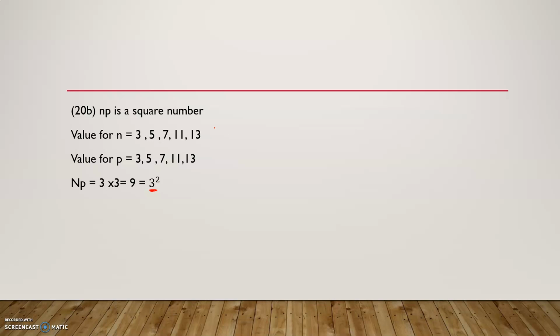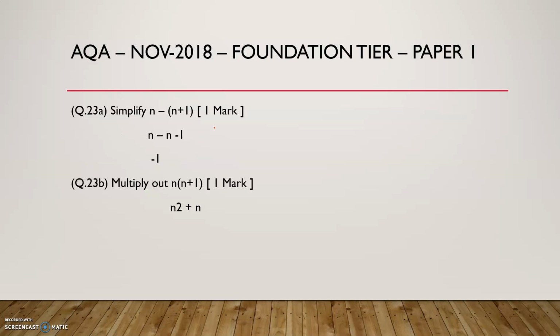Okay, let's move to the next question, which is from AQA November 2018, Foundation Tier Paper 1. It says, question number 23A, simplify n minus (n plus 1), and it's only 1 mark. So we just take the bracket out. However, we'll have to multiply with this negative sign.